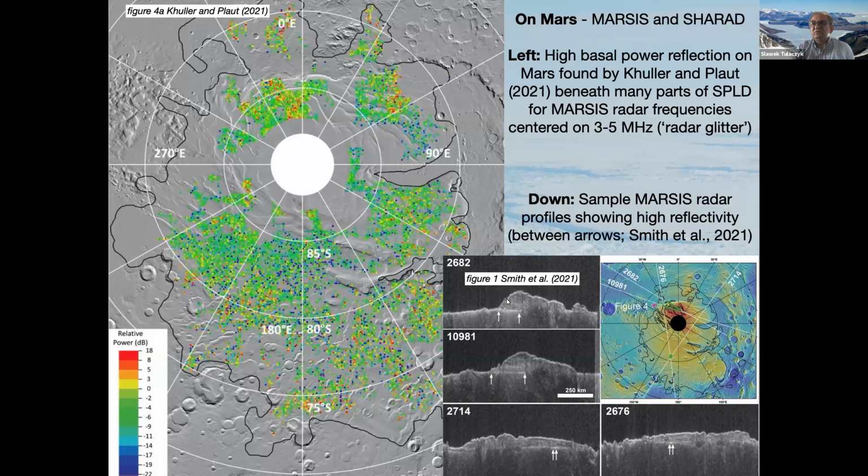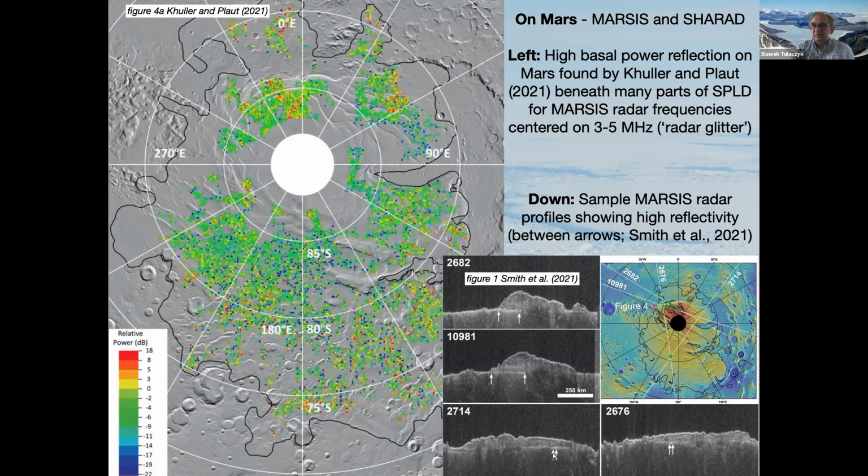Perhaps more a visual way of looking at these bed reflections is the lower right figure, which comes from basically a fresh off the press paper by Smith et al., also in GRL. And it shows regions of strong bed reflection.